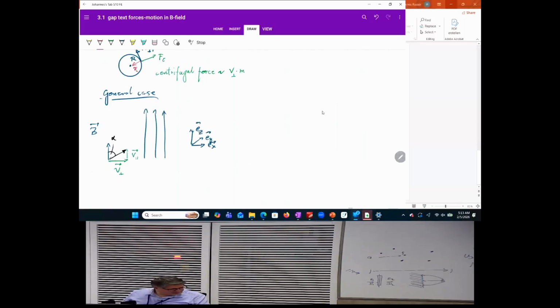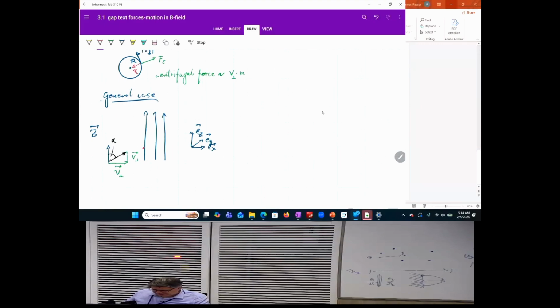Now as your particle enters into that field, it has these two components. It makes a circular motion in the xy plane, but it also has a component in the z direction. So that is not altered.